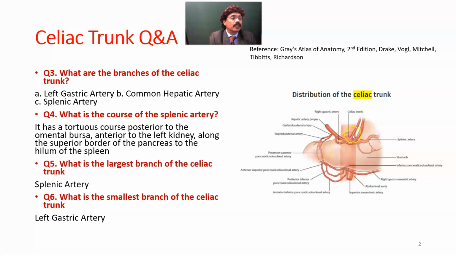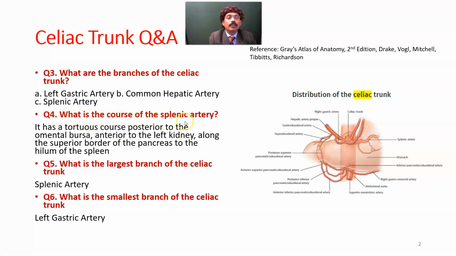This is the celiac trunk. This is the left gastric artery, and this is the right gastric artery that usually comes out of the hepatic artery proper, but it may also come in certain situations from the common hepatic artery.